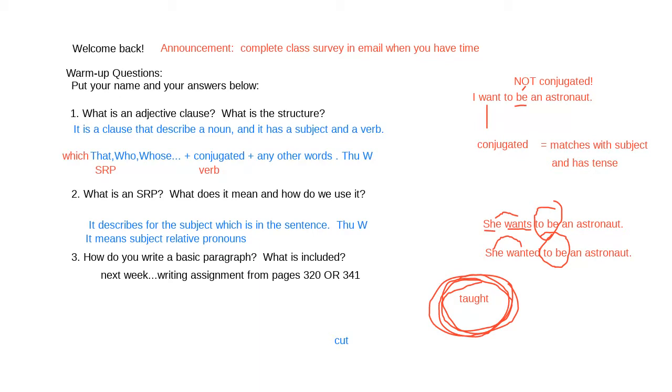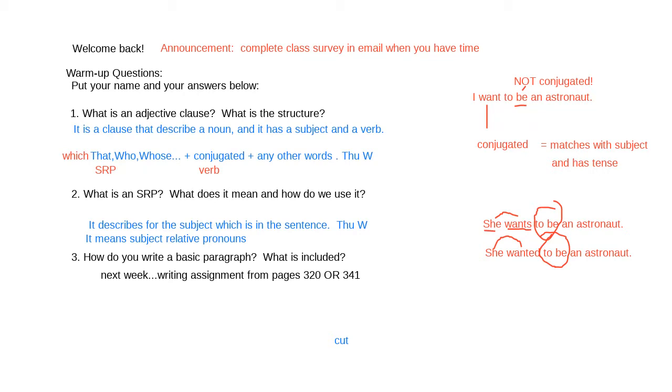I don't know how to know when it's conjugated. I understand how to form the sentence with the verb, but I think because cut is the same word with every subject, it's more confusing.